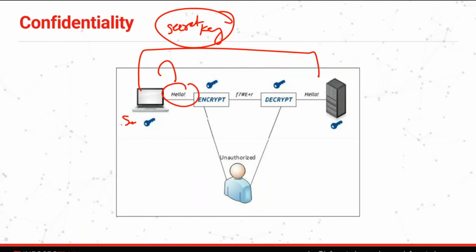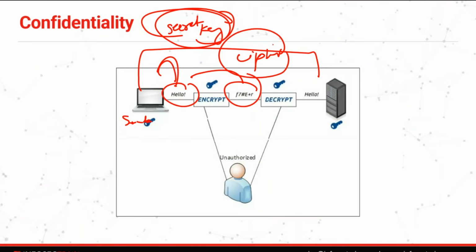Now the sender is going to use that key to encrypt the plain text, the readable text, into some cipher text, that is gibberish, non-readable text. That is your cipher text.